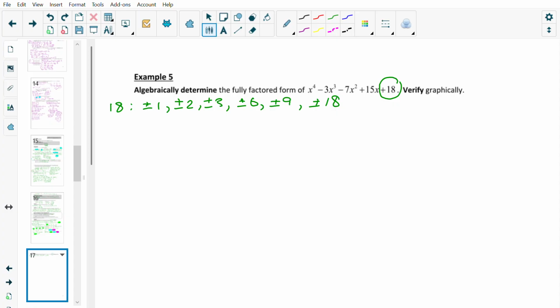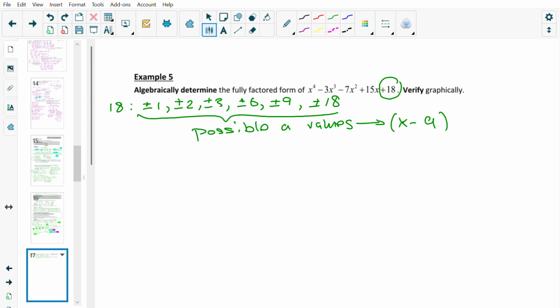Okay, this will take some trial and error. You have to be patient. It is a bit of a guessing game. Remember what these are? These are possible a values for our factor x minus a.